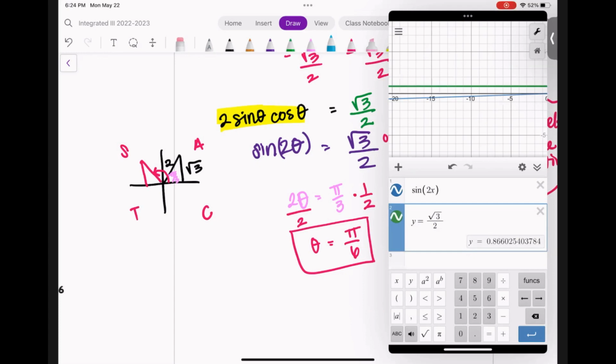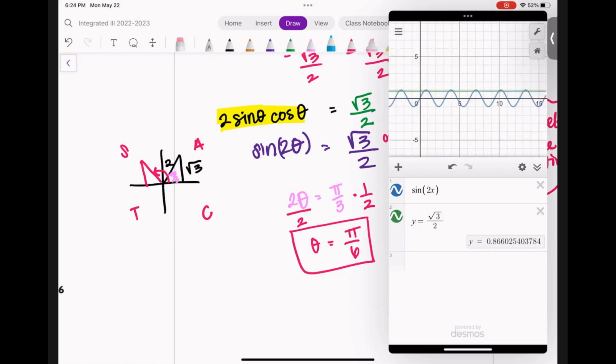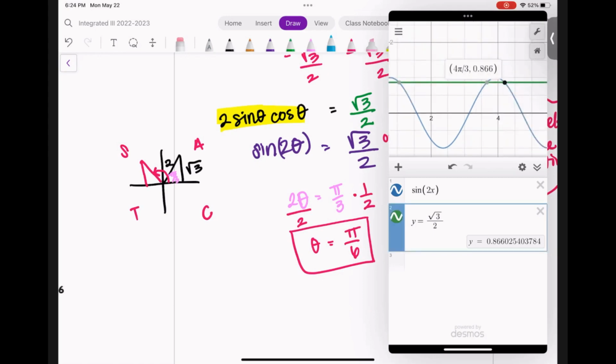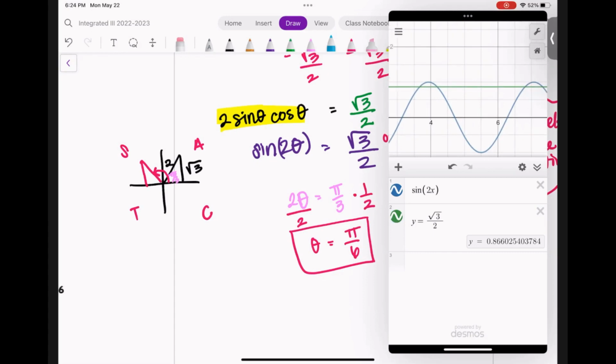And then I need to switch this back into radians so we can see this. I'm going to zoom in here. So notice my answer is pi over 6. My answer is pi over 3. My answer is 7 pi over 6. My answer is 4 pi over 3. And I'm getting all of these.